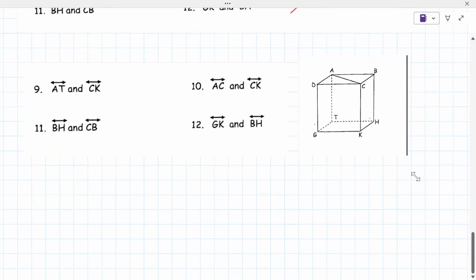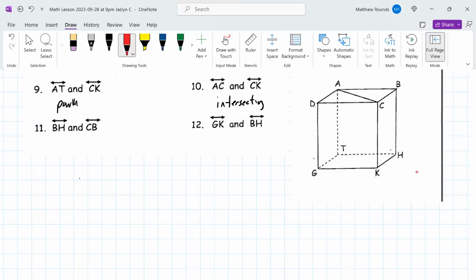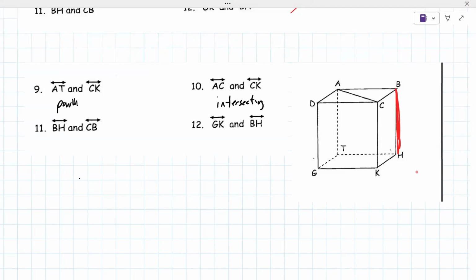All right, so tell me about the next one, AP and CK. Parallel. They are parallel. Good. AC and CK. They're intersecting. Yep, good. All right, and there's BH, CB.